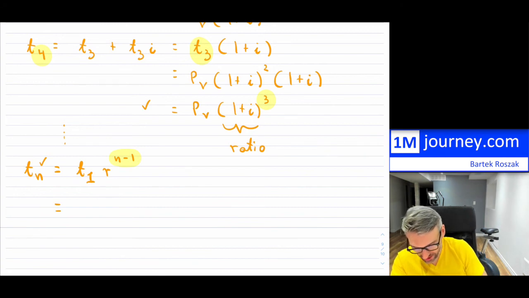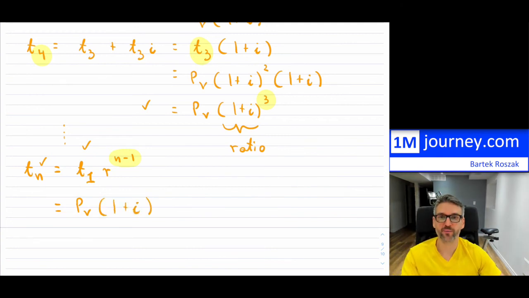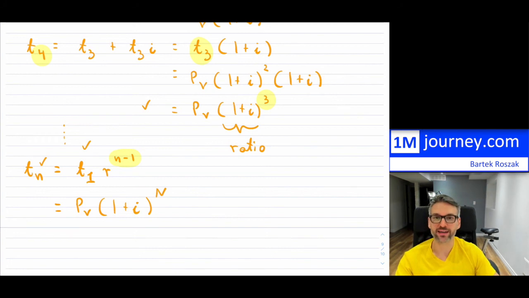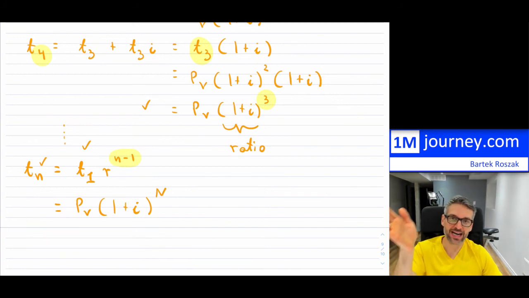So T1 is whatever you started off with. Your r is your ratio, which is 1 plus i. And then this n minus 1, I called it capital N for us because that's how many terms you had in total, right?